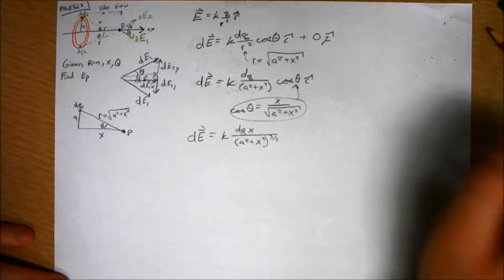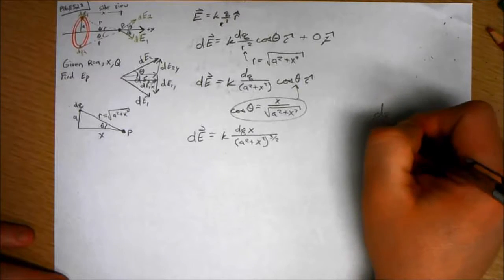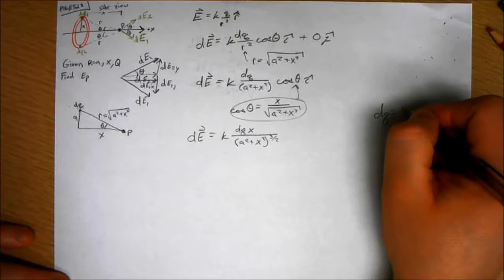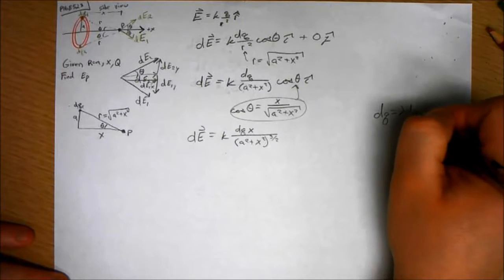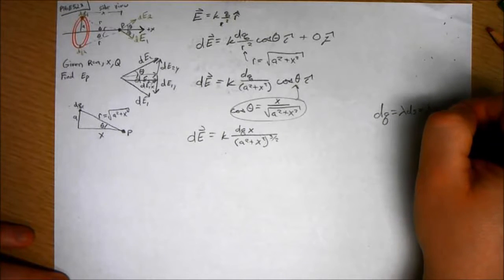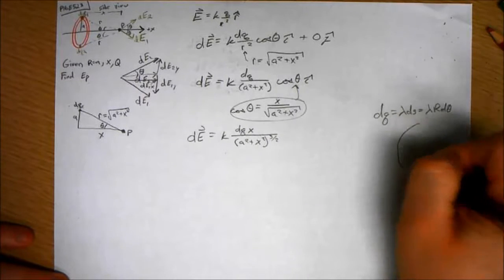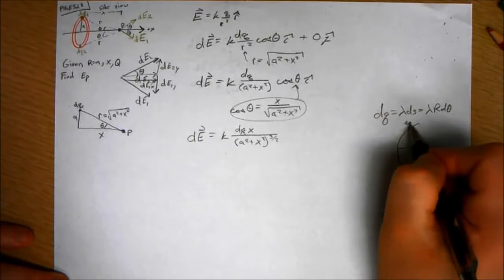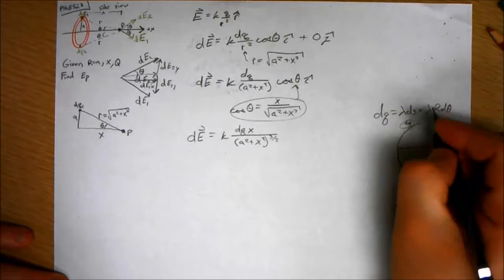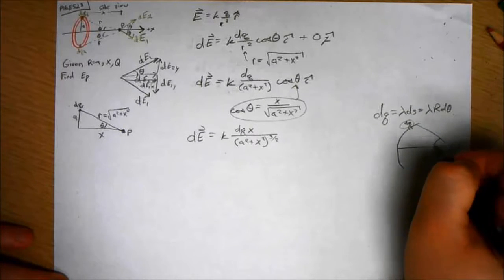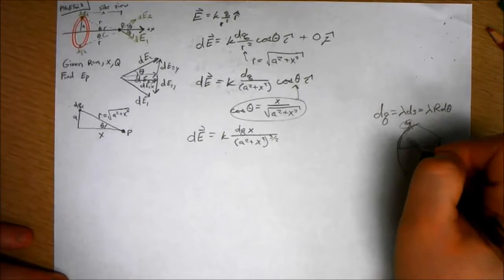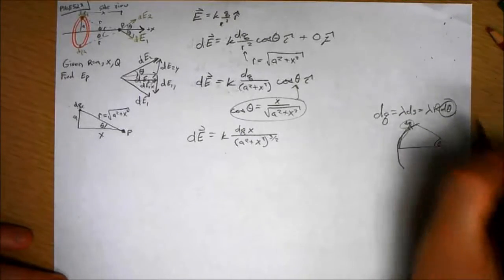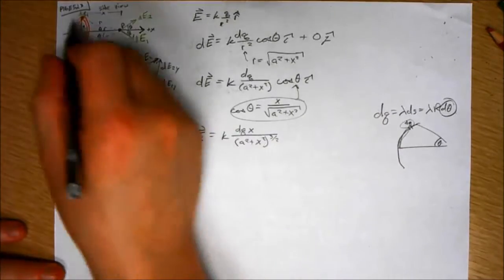Like in some of the other equations, if you remember, one of the very first problems like this that we solved, dq was equal to lambda ds, which is equal to lambda r d theta, because remember you had that arc of charge and you're looking at dq, and the magnitude of the charge element dq depended on the angle that you swept out when creating that charge element. So dq depended directly upon d theta. In this case, it's not that situation.